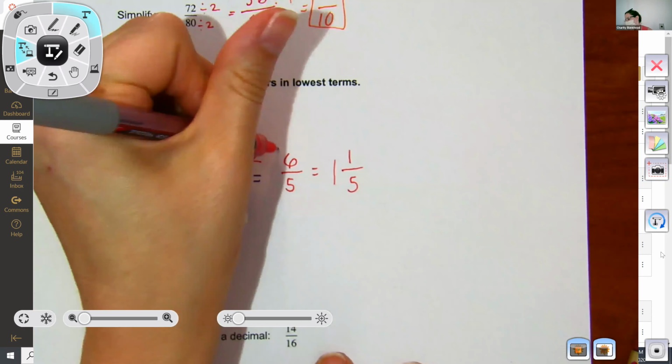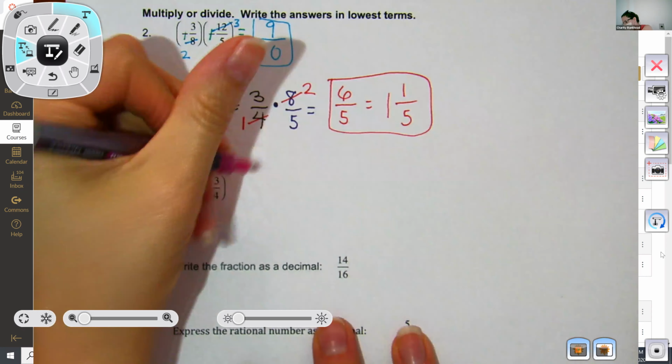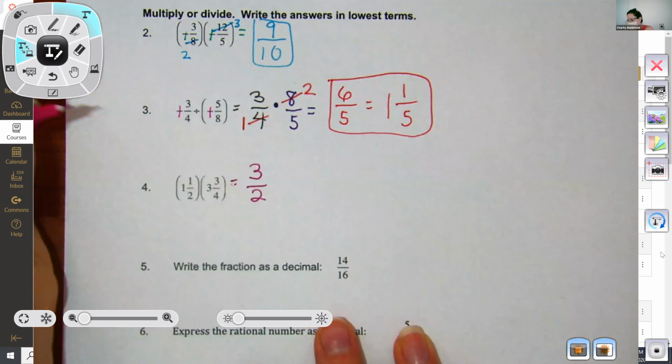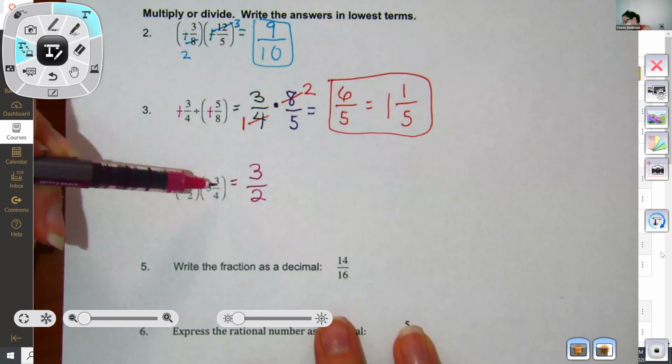So number 4, I've got two mixed numbers that I'm supposed to multiply together. The first thing I want to do is change those into improper fractions. So 2 times 1 is 2, plus 1 is 3, so that's 3/2. And then 4 times 3 is 12, 12 plus 3 is 15, so that's 15/4.